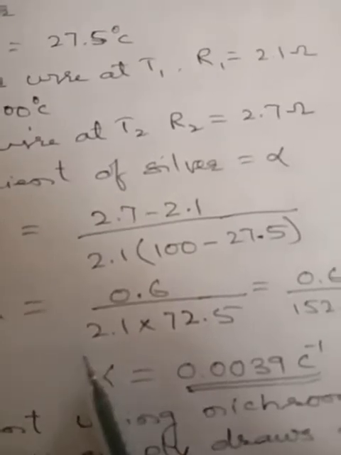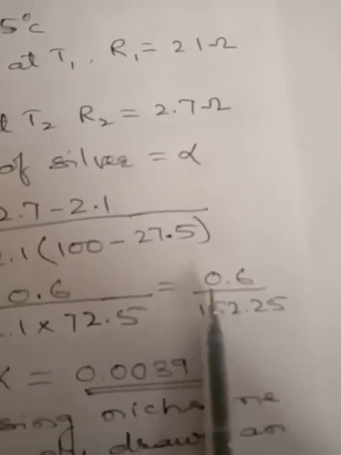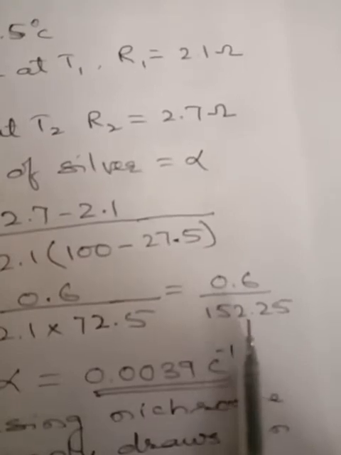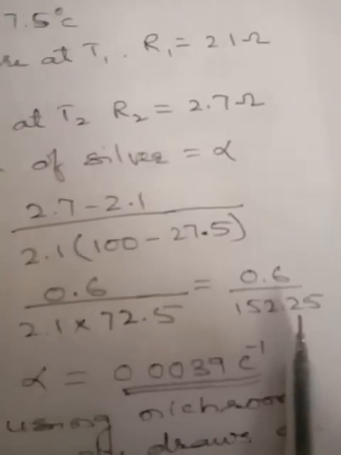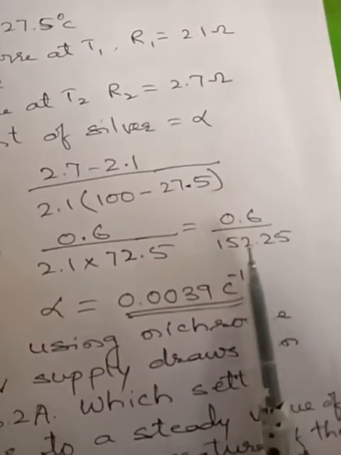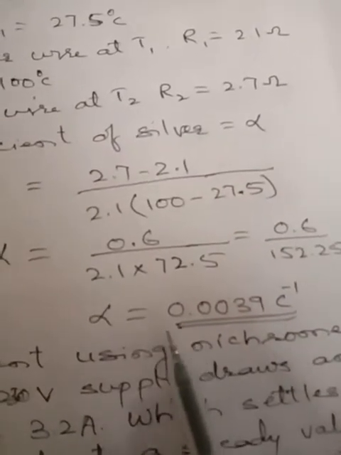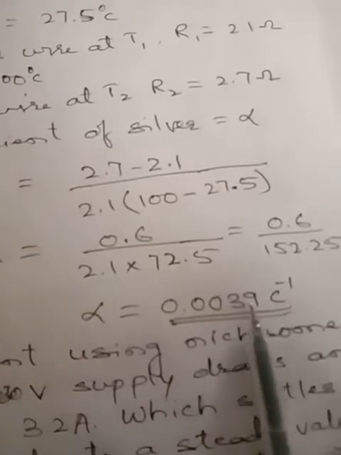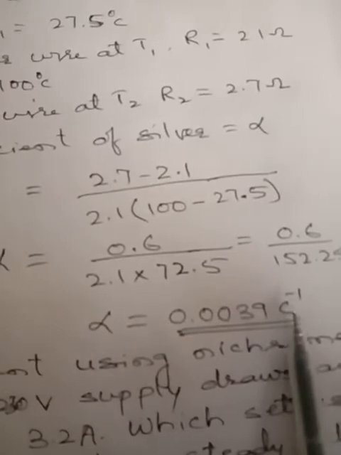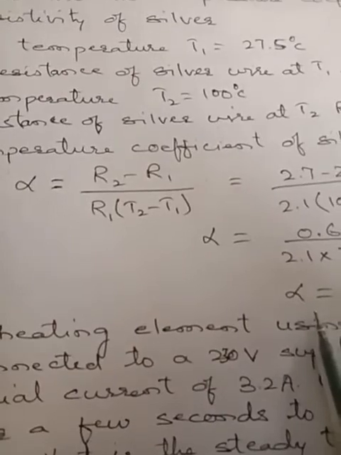So the value will become 0.6 divided by 2.1 into 72.5, which is 152.25. So when we divide 0.6 by 152.25, we get alpha equal to 0.0039 per degree Celsius. Okay, so this is the value of alpha.